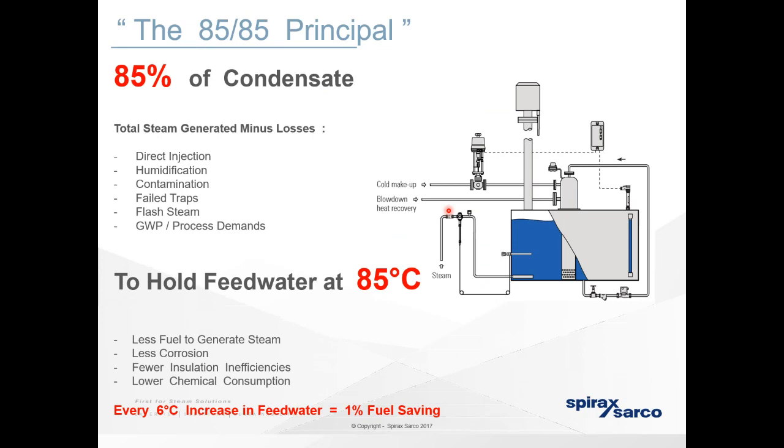However, in some processes this is not possible, either due to contamination, or the steam is being consumed by the process, such as humidification or injection, or it's contaminated, so unfit for return to the feed tank to the boiler. Every 6 degree increase in feed water temperature is a 1% fuel saving. So this is why it's important to heat your tanks properly.